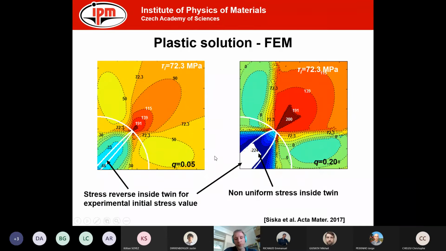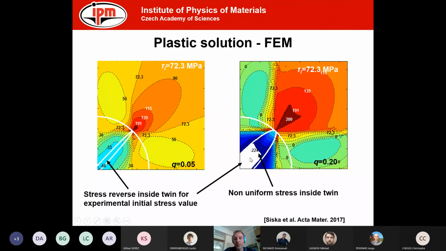And you have two different aspect ratios for the twin, 1:20 and 1:5. So what you can see for this situation is that when there is plasticity around the twin, first of all, there is no uniform stress inside the twin.